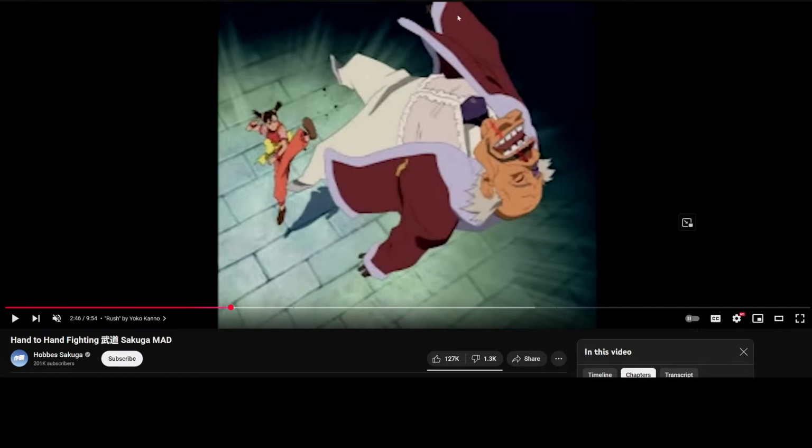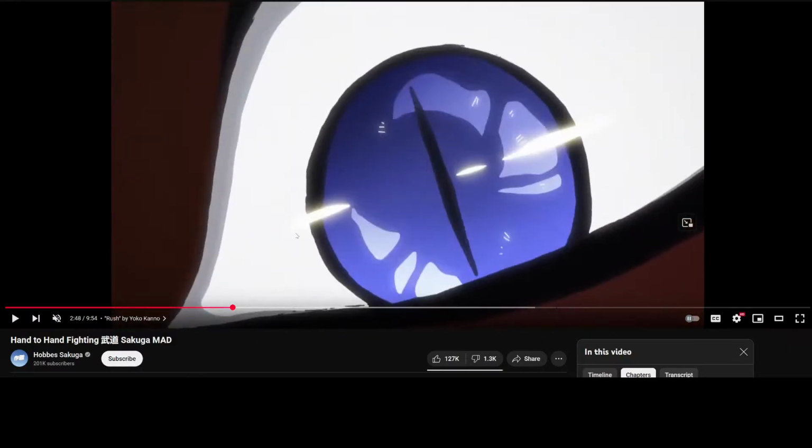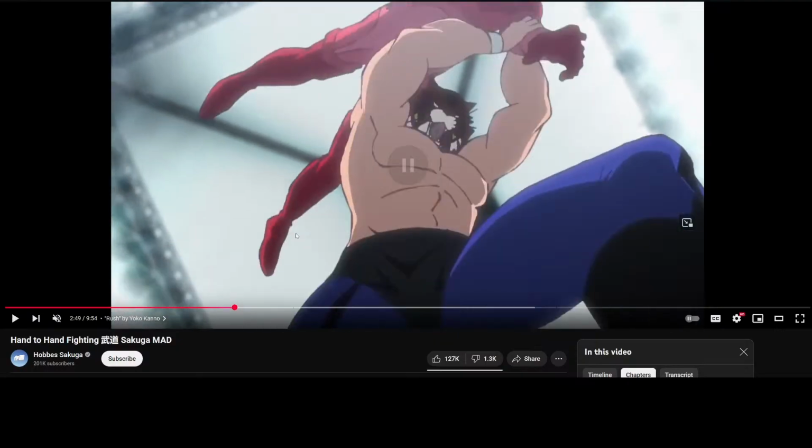Do you think this artist measured proportions for this picture? Do you think he measured the distance between figures? Do you think he applied any system to calculate proportions here? Like 100% no. Totally no. Then this one, let's say this one.